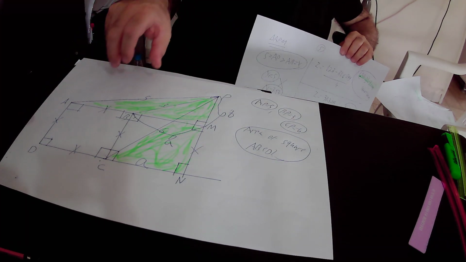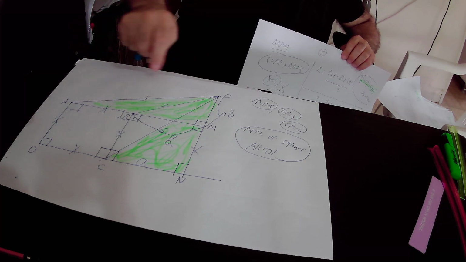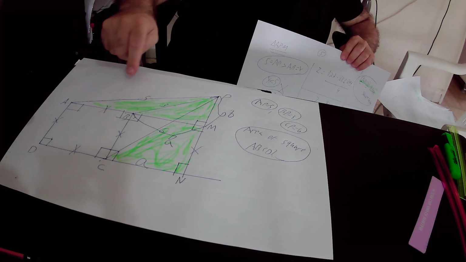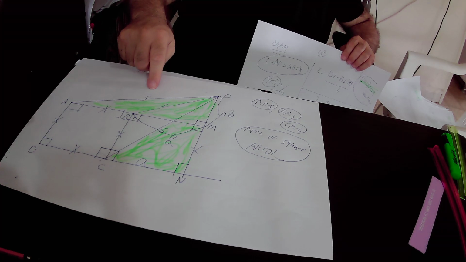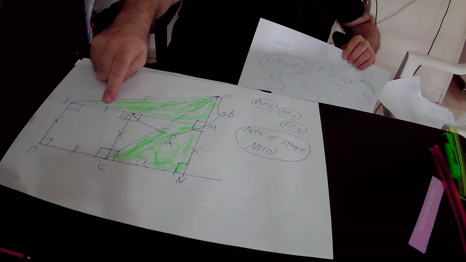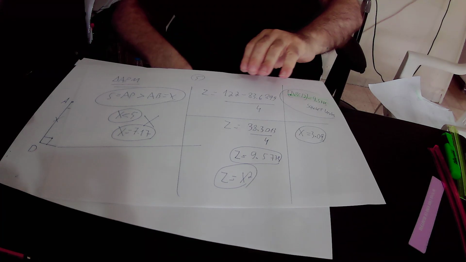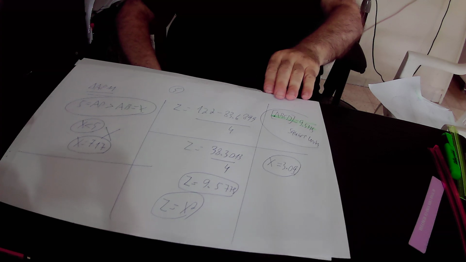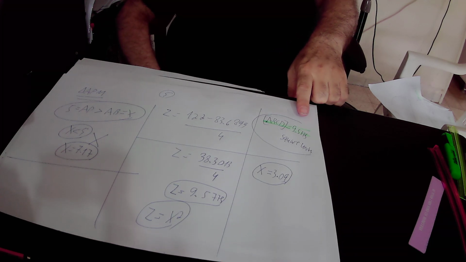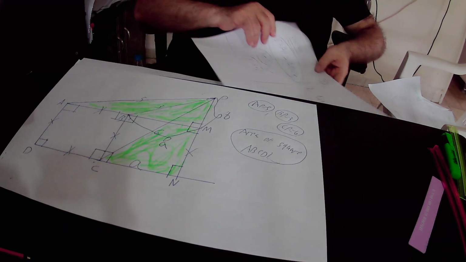And indeed X must be less than the hypotenuse AP, which is 5, because 5 is bigger than X that is equal to 3.09 units. Okay, so the answer to the question is that the area of square ABCD equals 9.5775 square units. We finished with the first question.